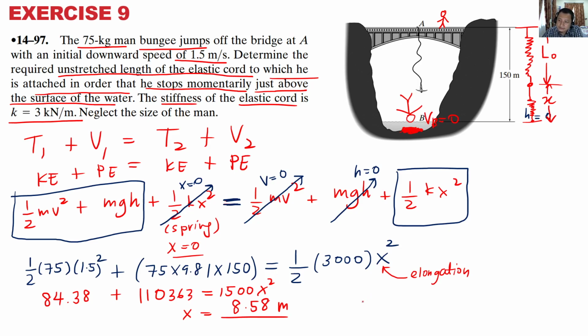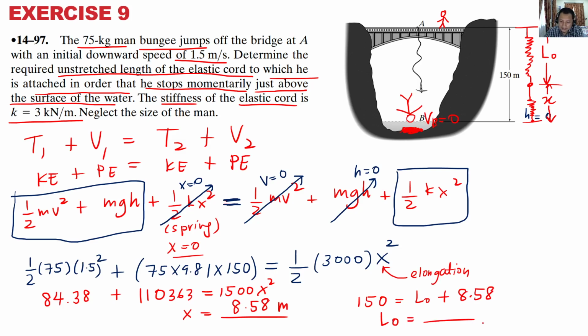So the total original length 150 equals L naught plus 8.58.